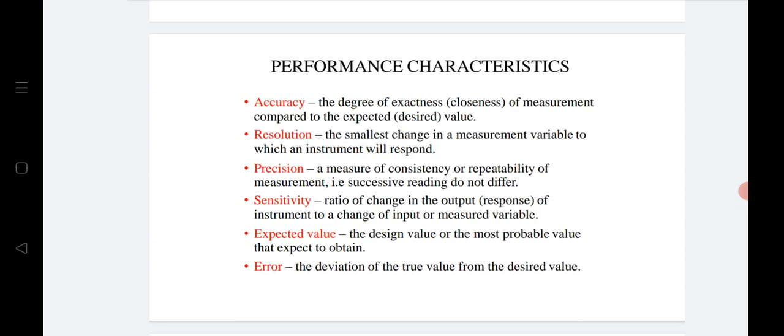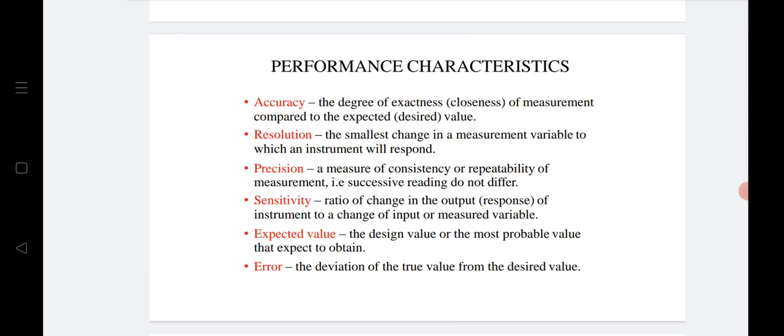So if I change my input a little bit, how much is the change in the output? That is nothing but your sensitivity.